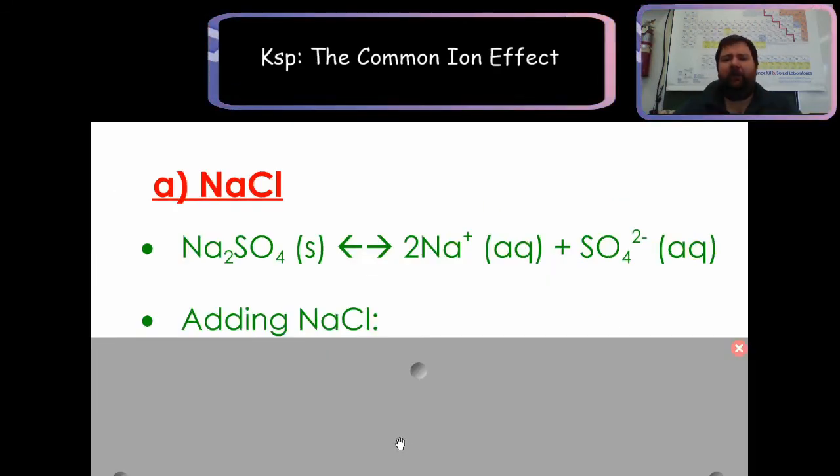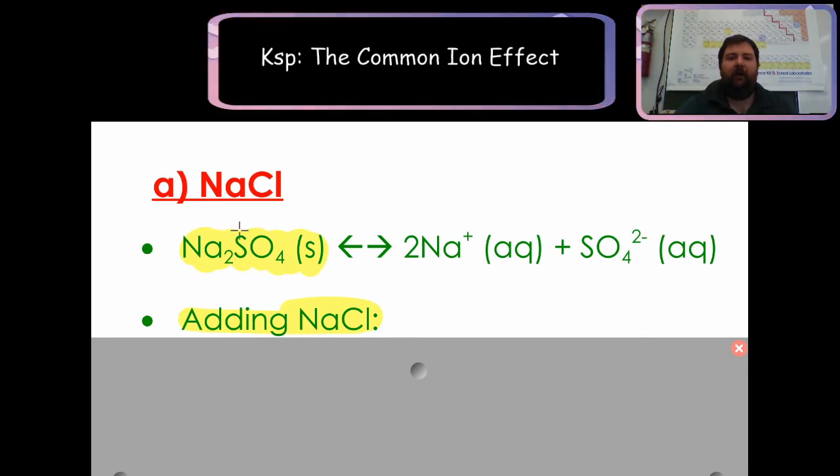If we add in sodium chloride into our sodium sulfate that's in equilibrium, what's going to happen? Well, first let's dissociate sodium sulfate. So this is our equilibrium system.